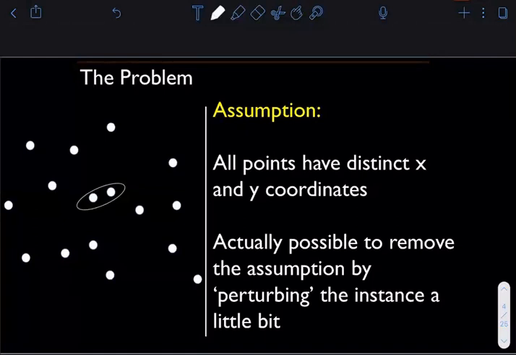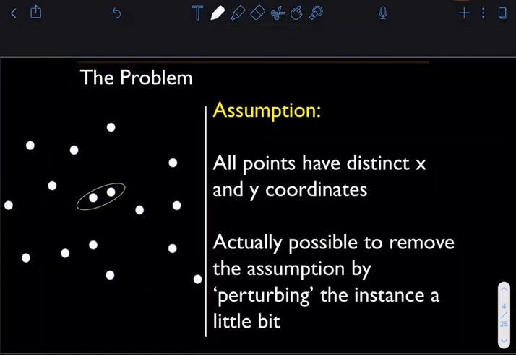No two points have the same x coordinate or the same y coordinate. Of course, this is not a very general assumption. You might have a set of points where this assumption is not valid, but I claim that there is a way of perturbing the instance a little bit. Perturbation is simply that you change all the x and y coordinates by a tiny amount so that now they all become distinct.